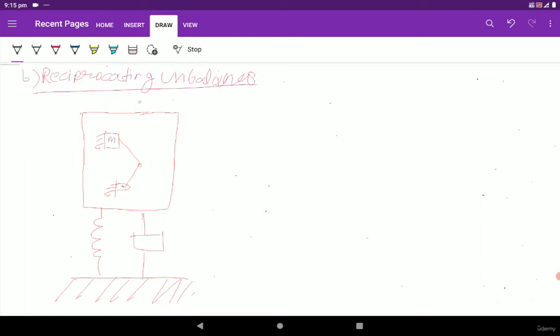So this is the angle theta, and there is some angular rotation of omega speed, and there will be some displacement from the reference point, that is x.